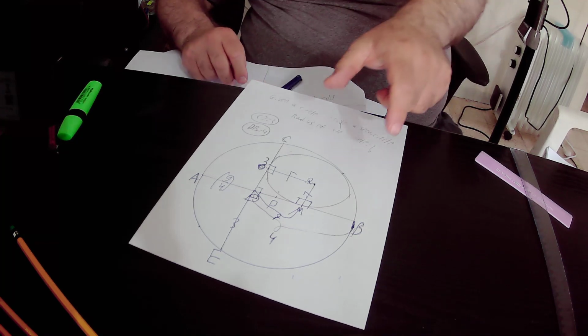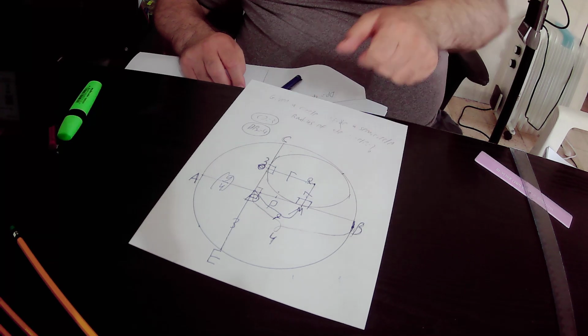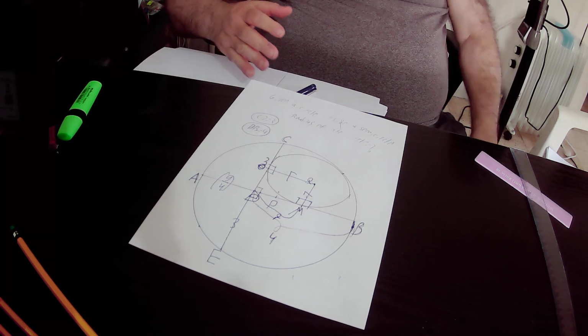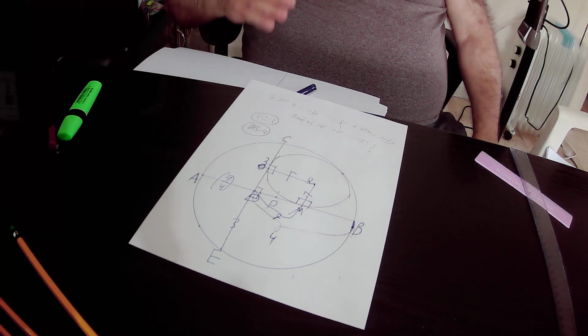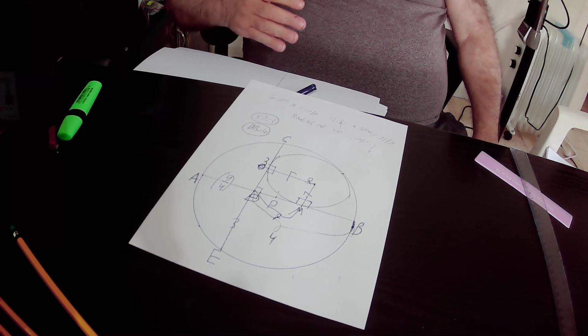What is the definition of line segment PB? P is the center of the big circle. B is the point on the big circle itself. This is exactly the definition of a radius.